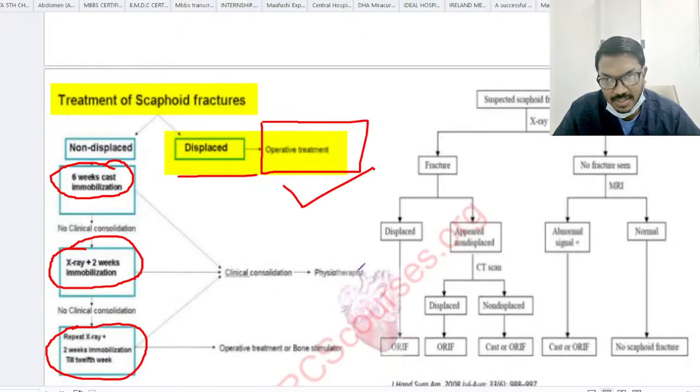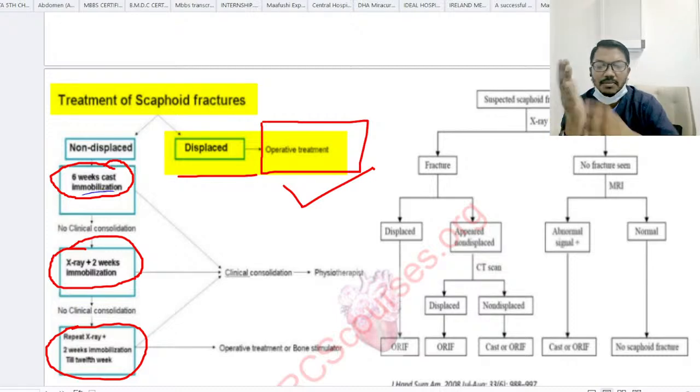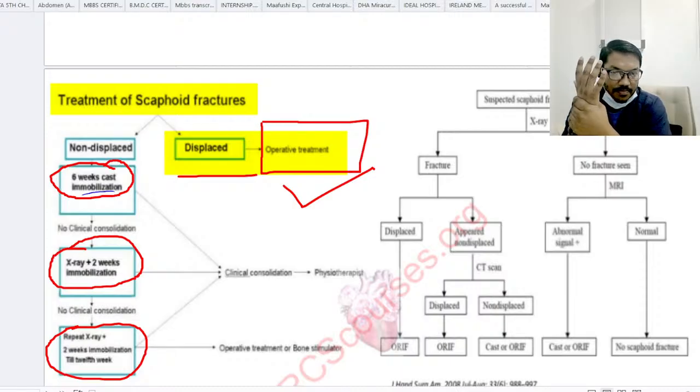Treatment of scaphoid fracture. If it is a displaced fracture, then operative treatment. We have to do open reduction and internal fixation. If it is non-displaced, then for the first 6 weeks we give cast immobilization. We give a tapered cast for 6 weeks, and after 6 weeks we evaluate clinically.